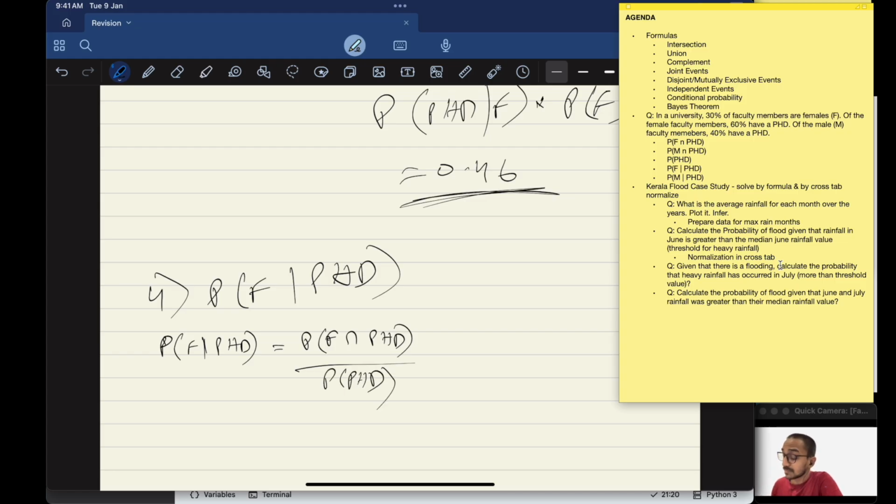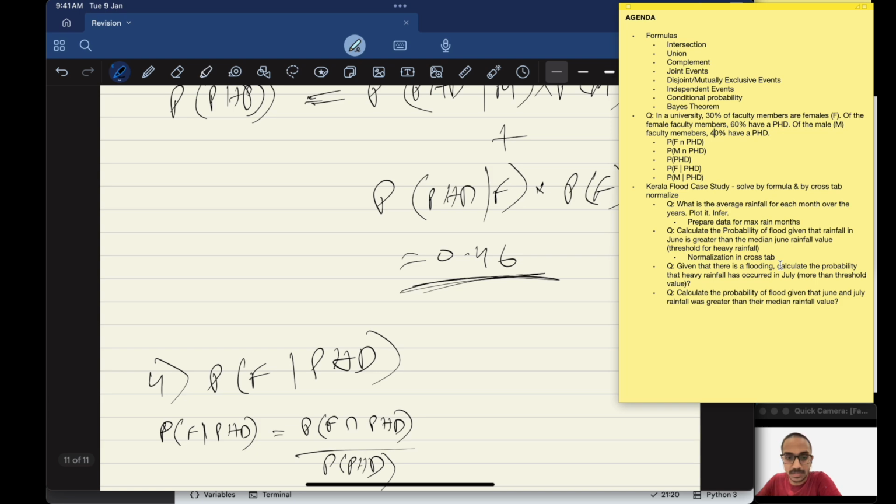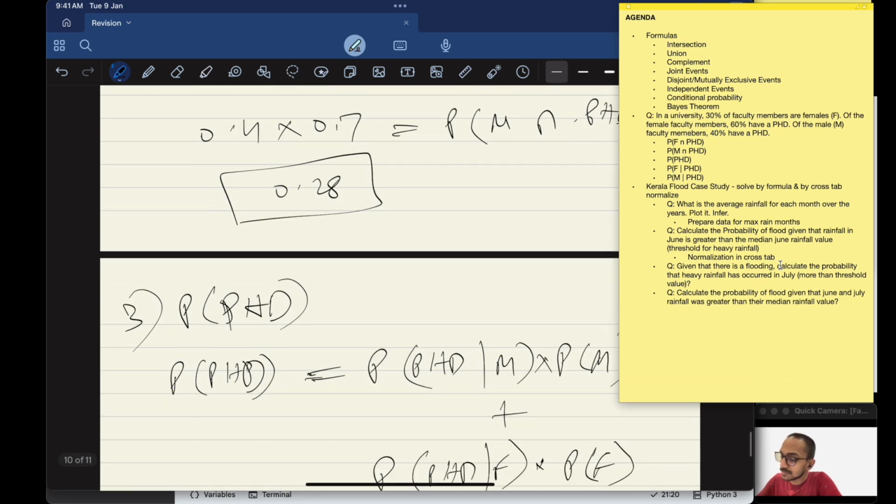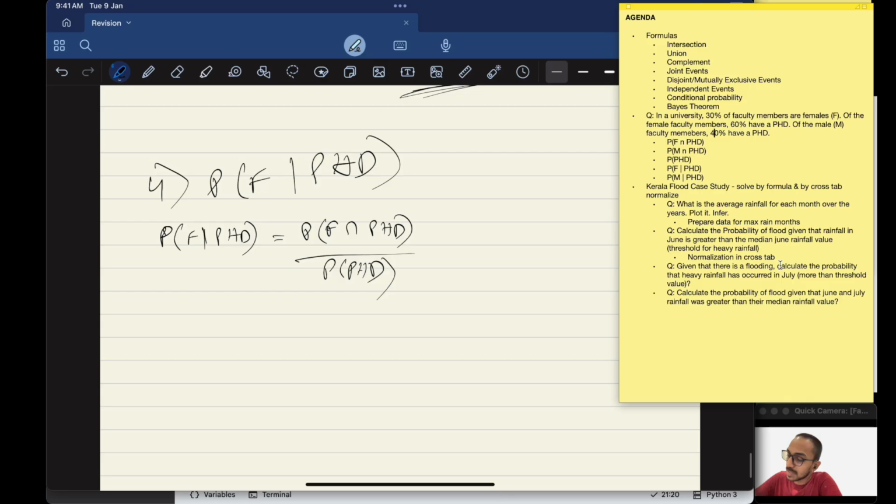What values do we have here? Do we have F intersection PhD? Although we did compute it, but looking at the raw values, what are the raw values that we have as per the question?